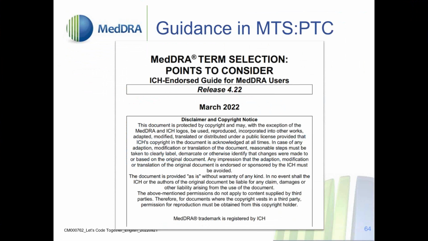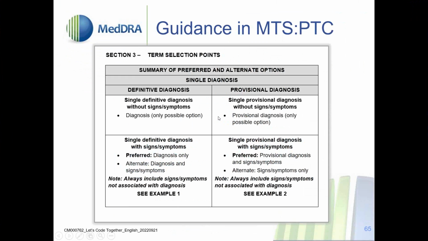And how to handle these verbatims, where a clinical diagnosis is provided with a characteristic sign or a characteristic symptom. Now, if we look into the MedDRA Term Selection: Points to Consider document, here's a screenshot of the most recent one from March 2022. In section 3, we can find the following table, and we have shown it several times already in our sessions here, explaining how to handle a single diagnosis with its signs and symptoms.